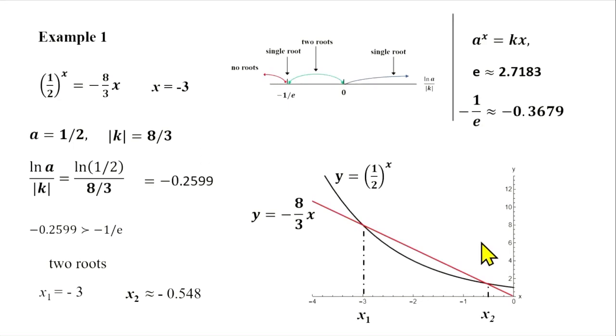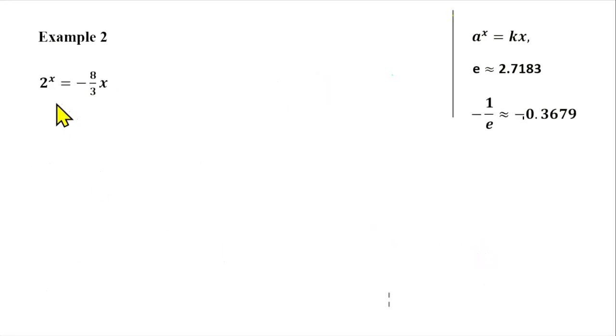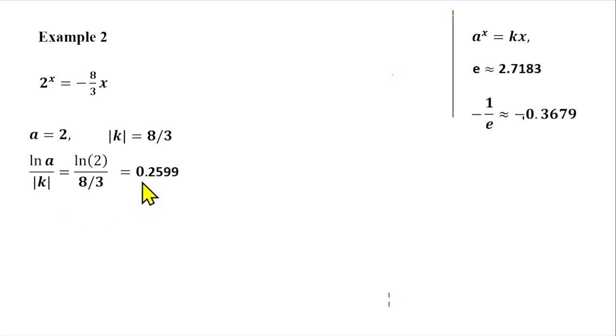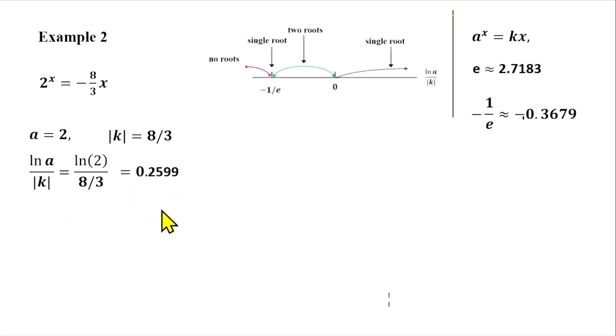As a next example, we will consider this equation. For this equation, a equals 2, and the absolute value of k equals 8 over 3. This parameter is equal to a positive value. On the diagram it is to the right of 0, so we conclude that the equation has a single real root.